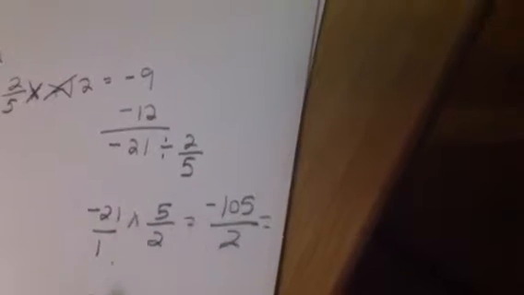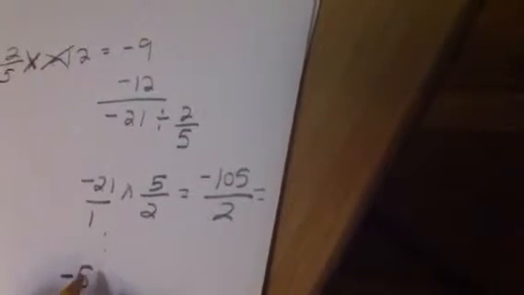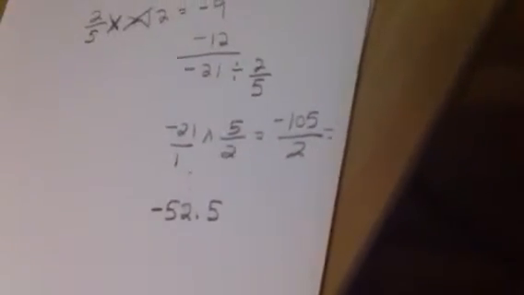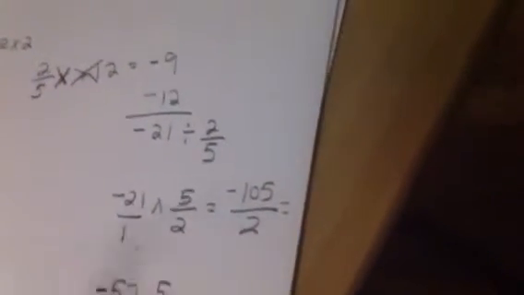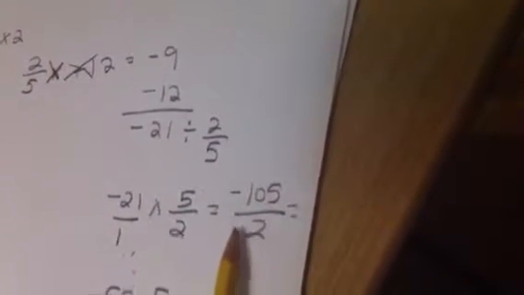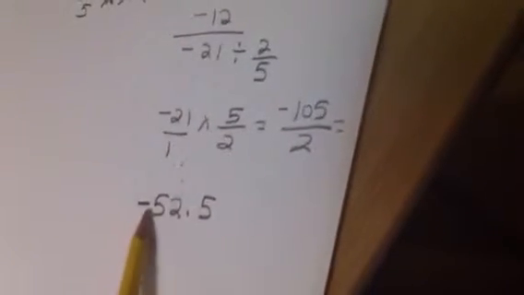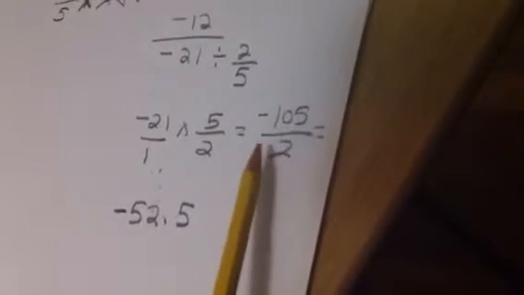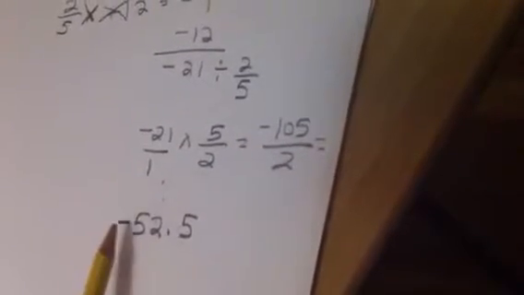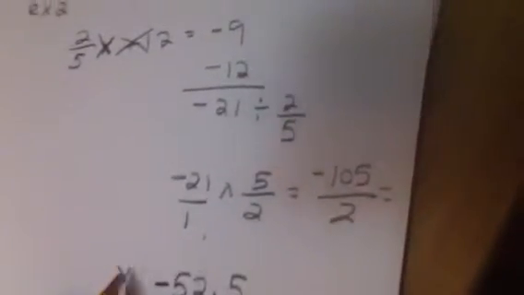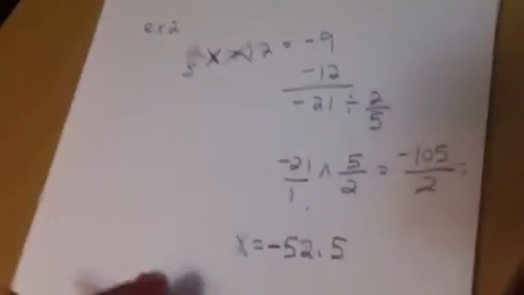If you do 2 into 105, you should get negative 52.5. Okay? Now I know you know how to do adding, subtracting, multiplying, and dividing integers. Okay? So just to recap, for multiplying or dividing integers, if the signs are different, the answer will be negative. So this is a negative and that's a positive, so the signs are different, so the answer is negative. Okay, so this is negative 52.5, so they're saying that x is equal to negative 52.5.